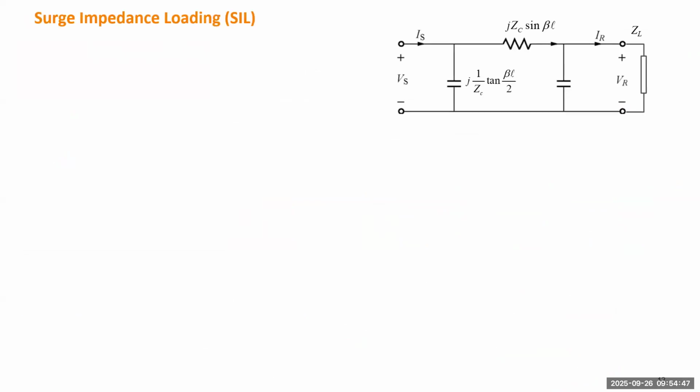Okay, so next we want to discuss some typical load which we can expect to give us a perfect operating condition. That load is called a surge impedance load, because we already defined ZC as surge impedance. So this load is related to that impedance.